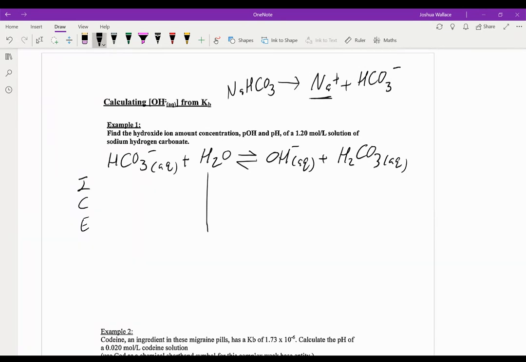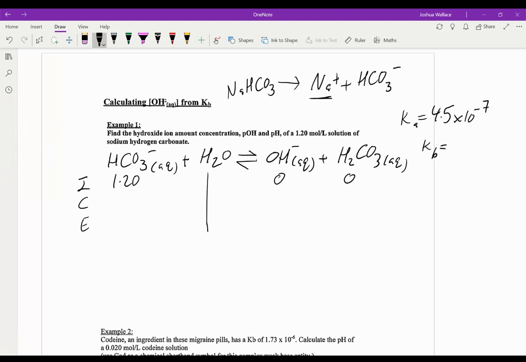And then my initial concentration was 1.20. My initial concentration for these two was 0 and 0. And then I'm kind of left on my own. I have to figure out what I'm doing. So my Ka of H2CO3 to HCO3- is, let me just find it here, 4.5 times 10 to the negative 7.